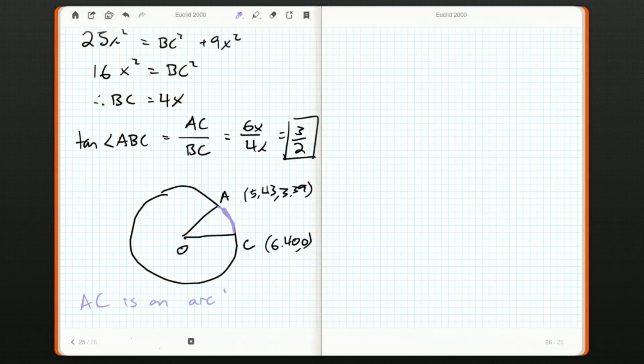So this is what's called an arc length of the circle. Alright, what we have is a certain pie slice cut out, and it all depends entirely on this angle here, angle AOC. And from that, we can actually determine what the arc length is in terms of the radius.